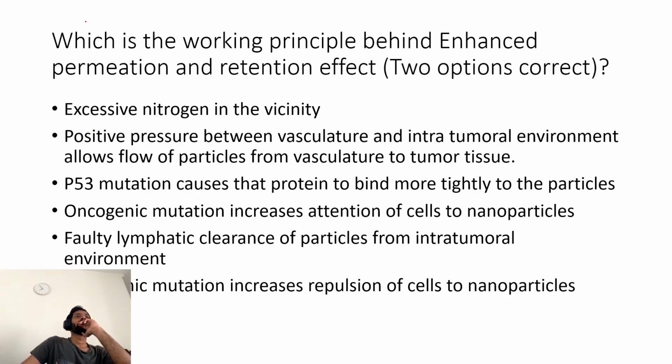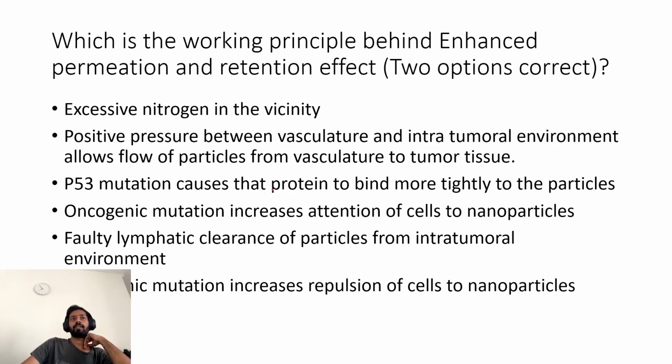Okay. What is the working principle behind the enhanced permeation and retention effect? Excessive nitrogen in the vicinity. Positive pressure between vasculature and intratumoral environment allows flow of particles from vasculature to tumor tissue.